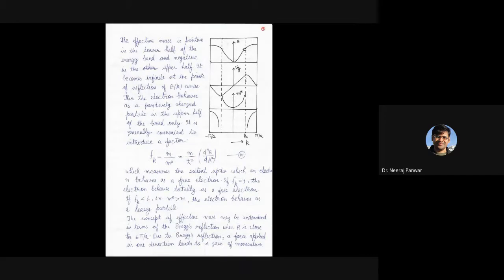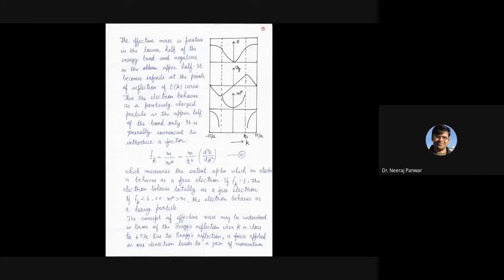And at this point, because the second derivative is 0, the effective mass would be infinite, and this is what is represented here. It goes to plus infinity if k is less than k naught, and it goes to minus infinity if k is slightly greater than k naught.